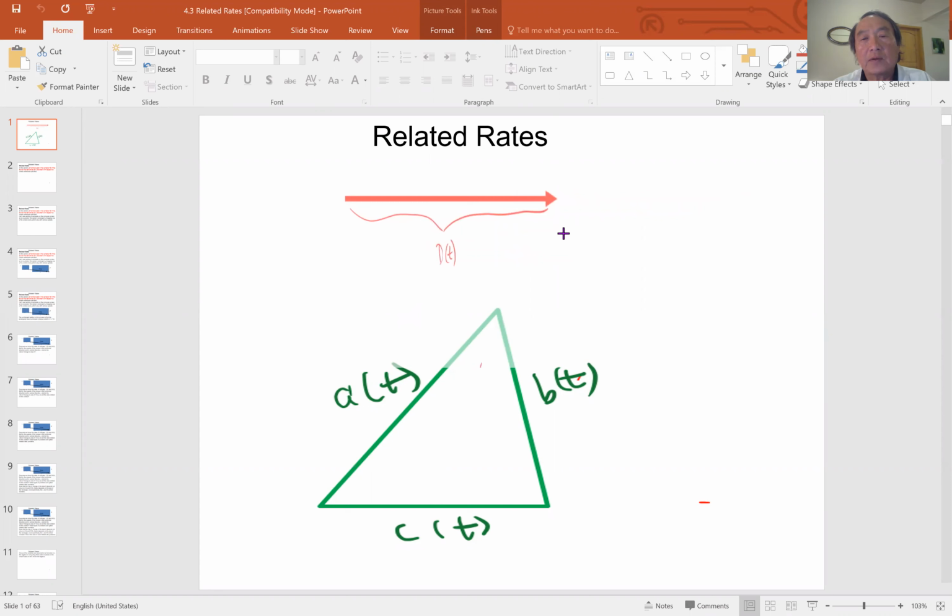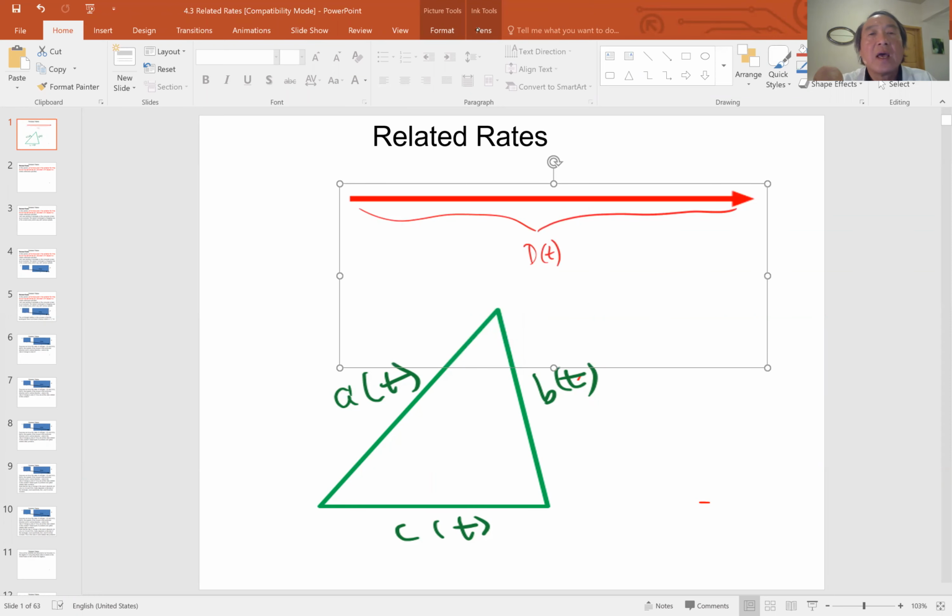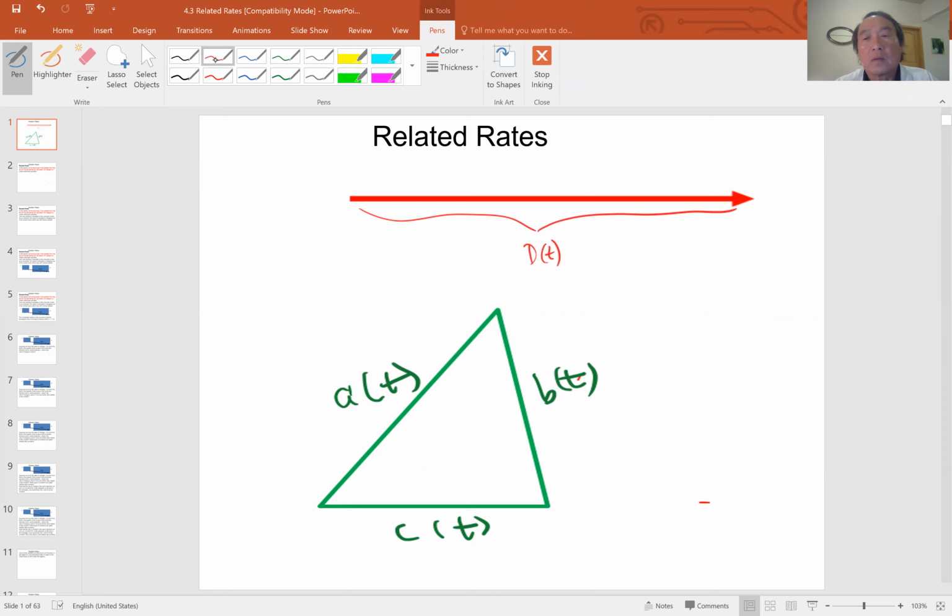For instance, if I were to elongate this line at a steady or non-steady pace, I can write the rate of change as d prime of t, or the distance change with respect to t. Or if I interpret this as length, it will be d length dt.